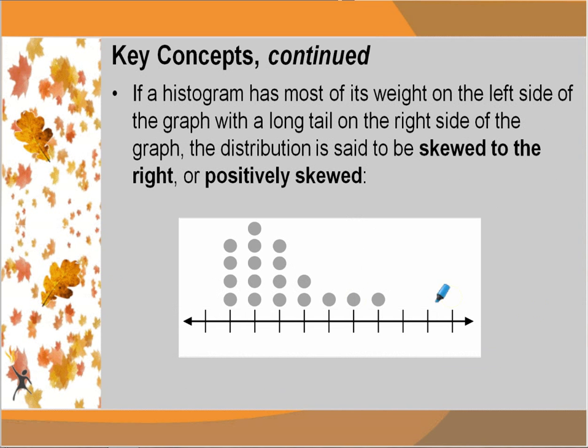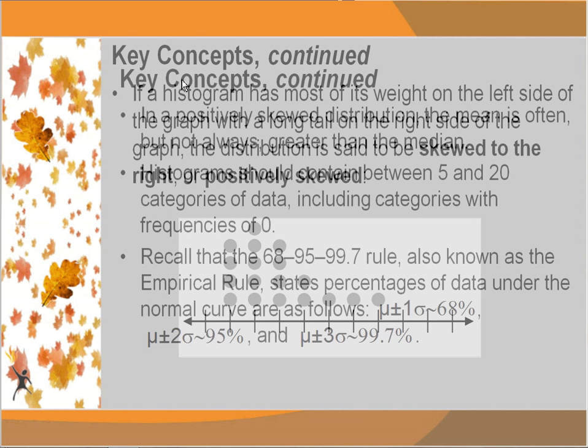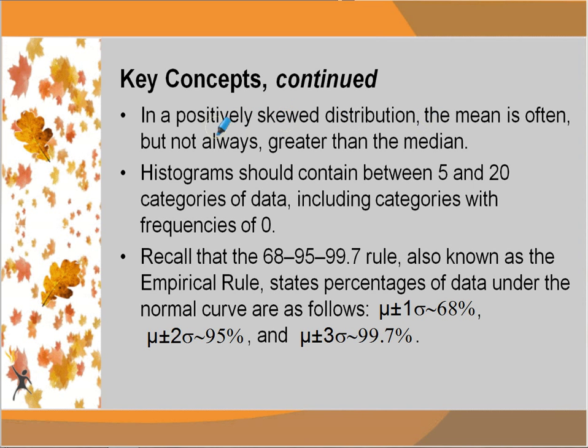And going the other way, if I have outliers that are off to the right of my histogram, I say that this histogram is skewed to the right or positively skewed. And in a positively skewed, or skewed to the right, distribution, the mean is quite often greater than the median, since that outlier is going to pull that mean to the right.